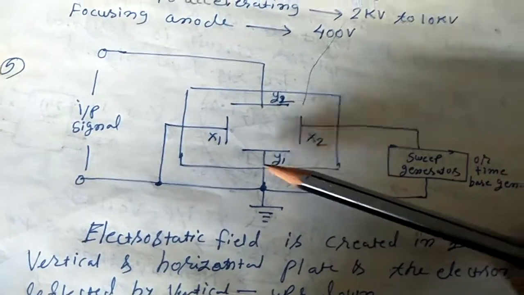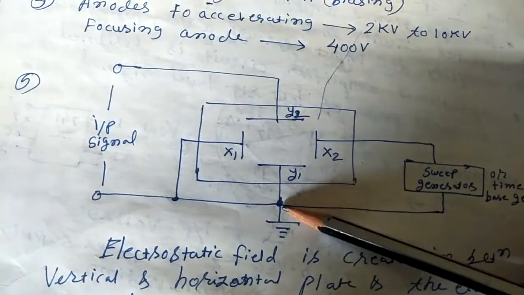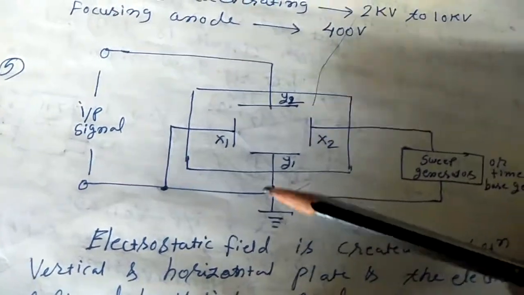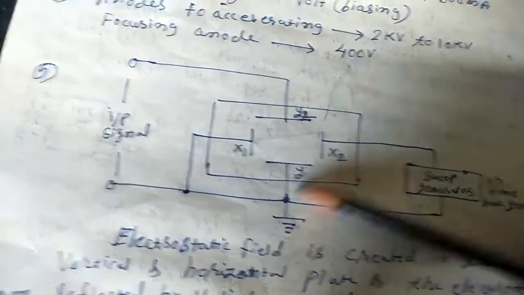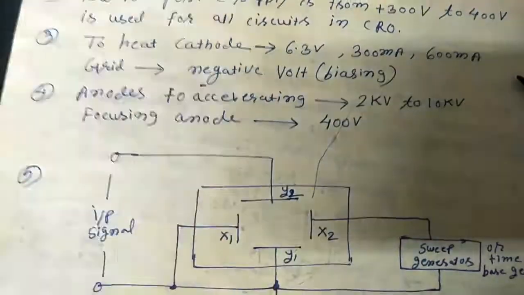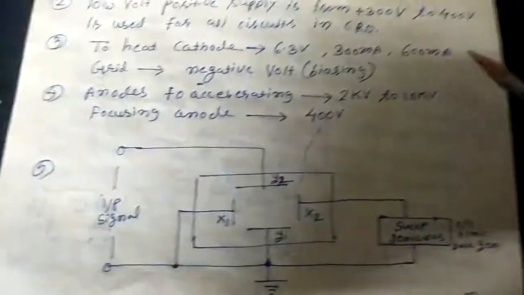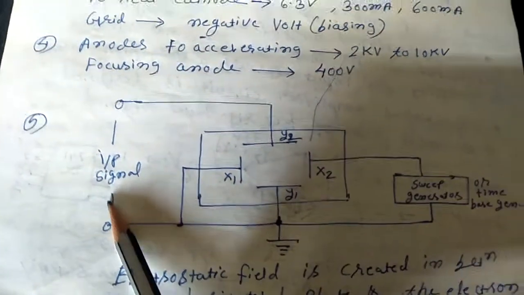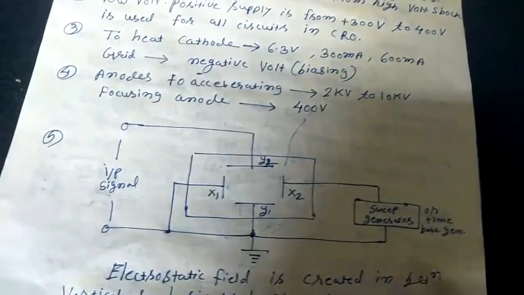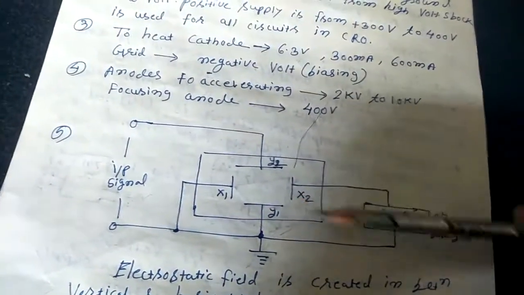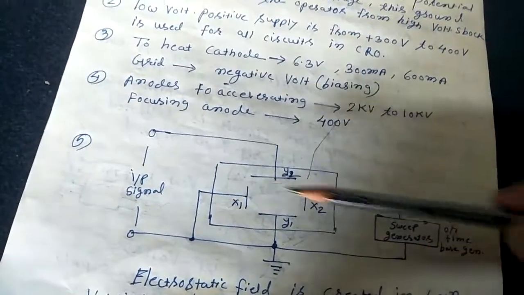So Y1 and X1 have ground potential, that is the high negative voltage.